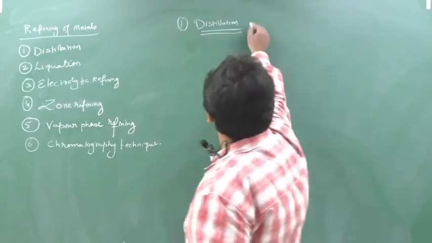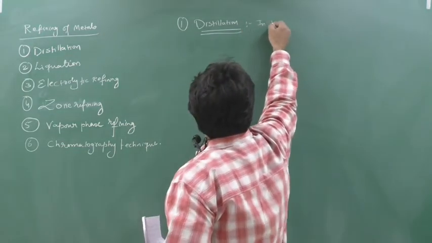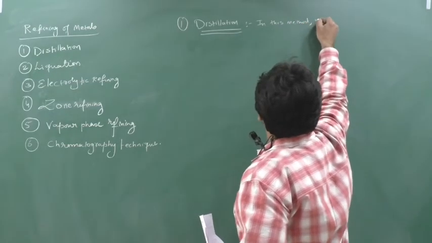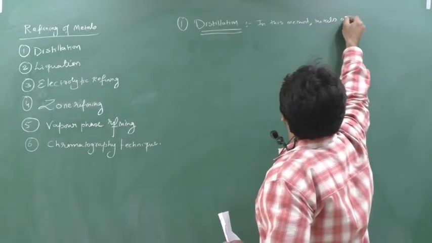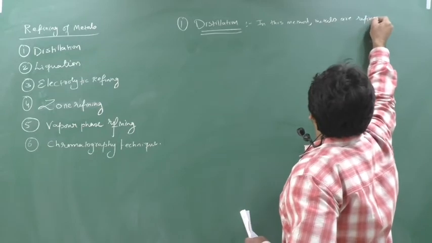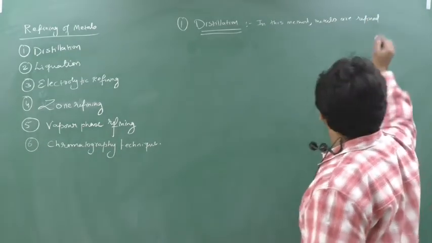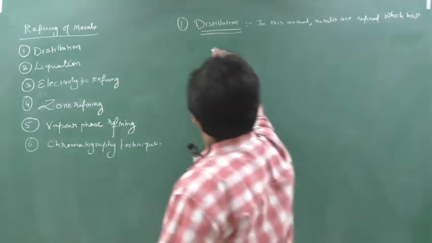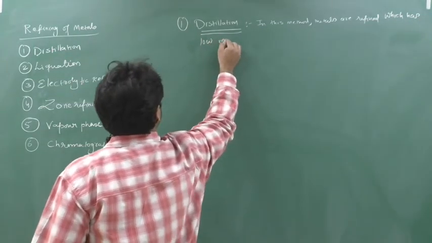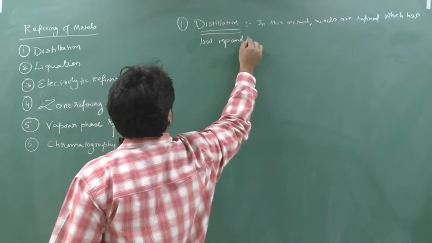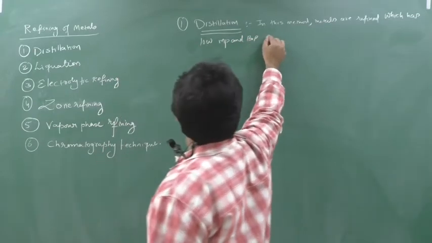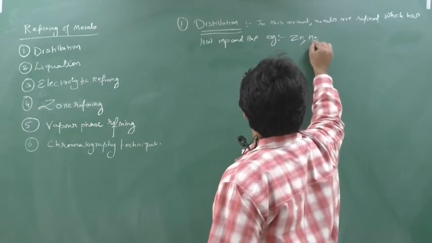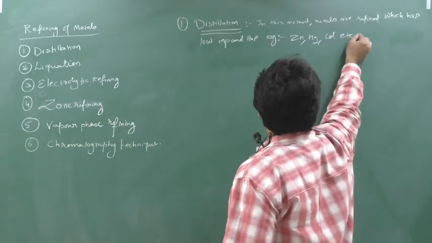So in this method, metals which have a low melting point and boiling point are refined. Okay, so examples we can write down like zinc, then mercury, cadmium, etc. Clear?